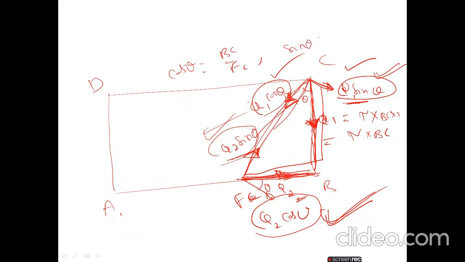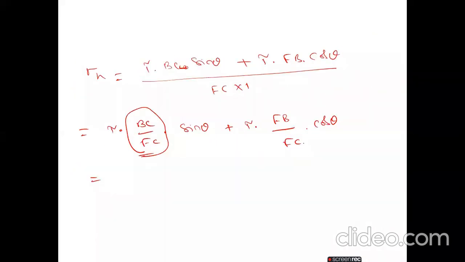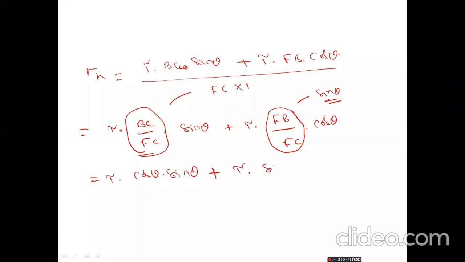Then sin theta equals FB by FC. So these are the two. I will substitute those here. So BC by FC is cos theta, so tau into cos theta into sin theta, plus FB by FC is sin theta, that means tau into sin theta into cos theta.